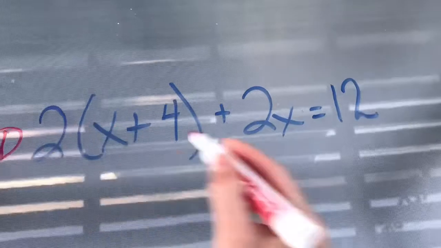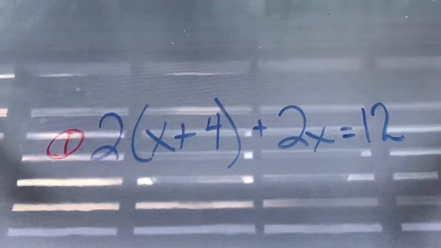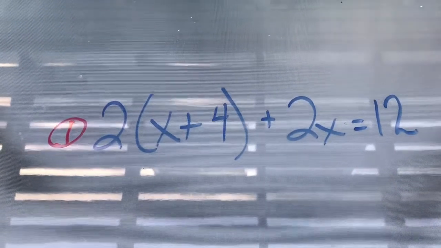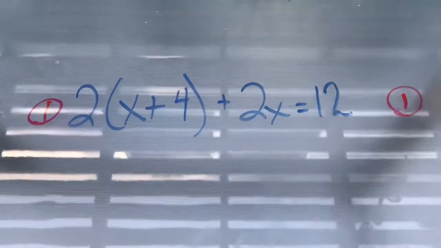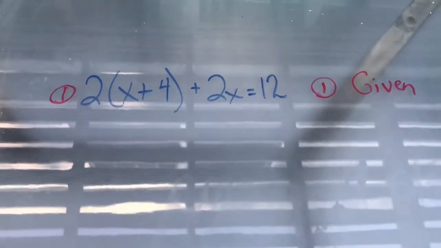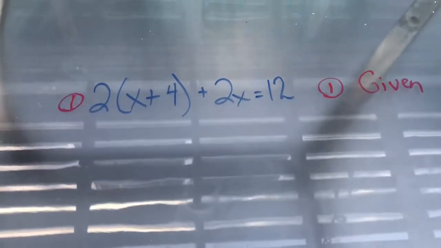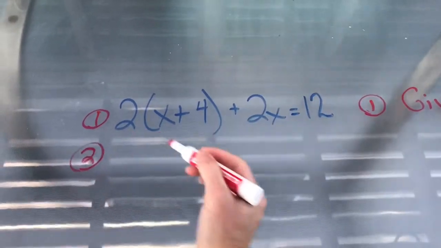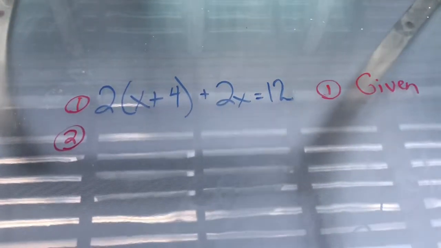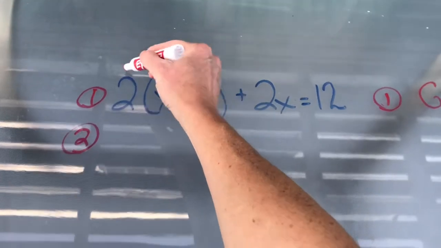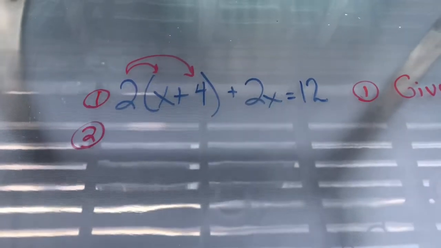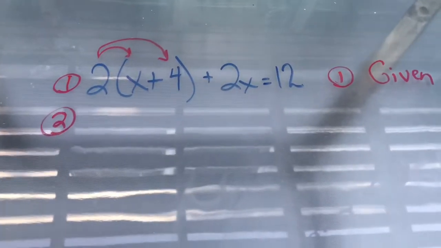This is our step number 1, and that is given to us. So I am going to write given. Yay. Okay, so now our step number 2. I noticed that there are parentheses, so I'm going to take this 2 and multiply it by the x and the 4.